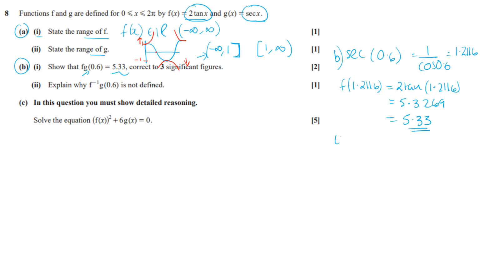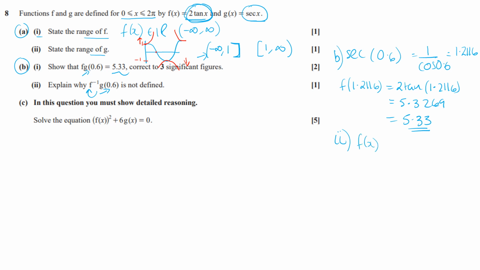Part 2, explain why the inverse of f times g of x, so that would mean doing g of 0.6 first and then putting that into the inverse. We're looking at what f of x is because it's tan x. Tan x going from 0 to pi is many to 1.